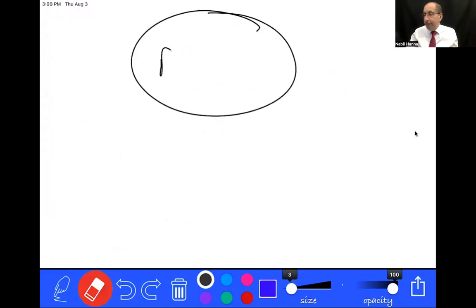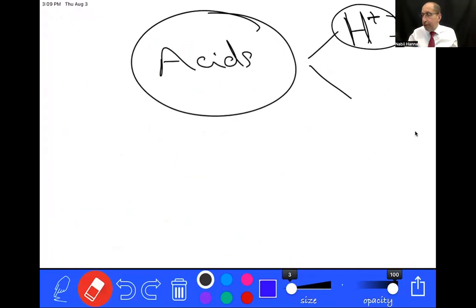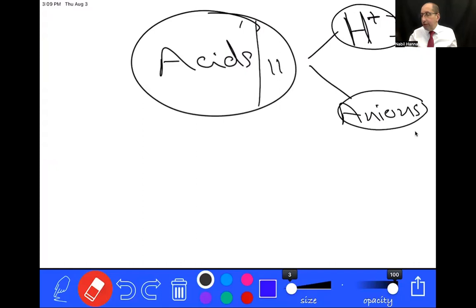Acids. And when these acids liberate their hydrogen, and the hydrogen is buffered by bicarbonate, what accumulates in the circulation will be anions, the negatively charged particle that was left.